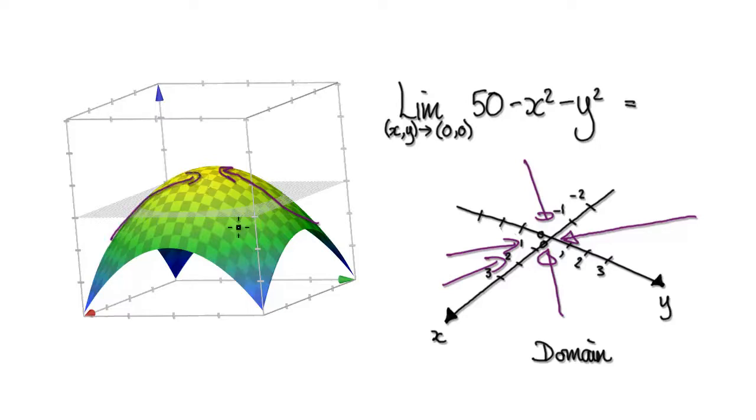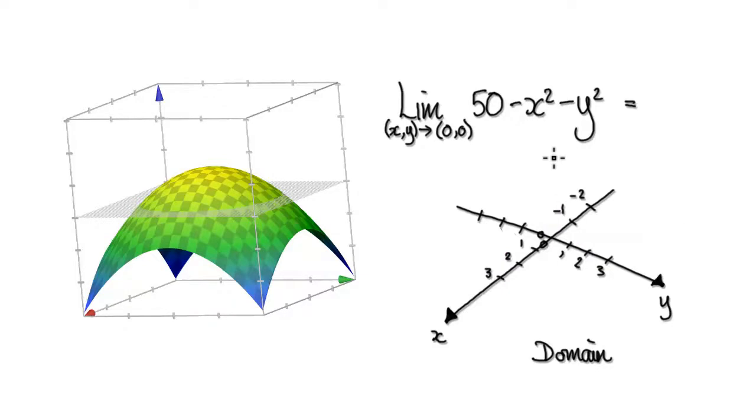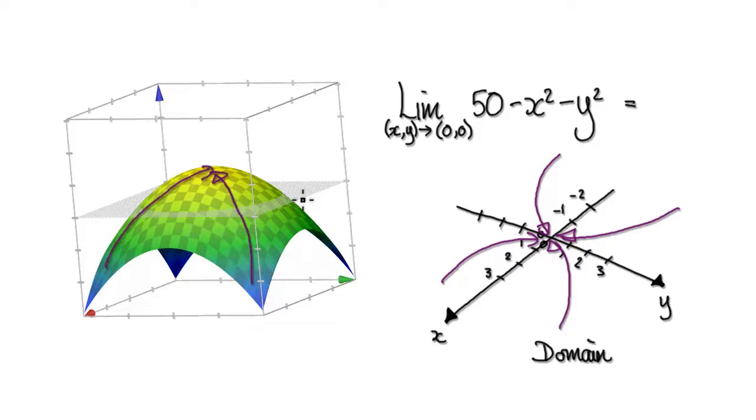Or you could head towards the origin in a quadratic manner, x squared manner, like this, or like this, or like this. With this surface, no matter how you approach the origin, in any direction, you're always going to head towards 50 in this case.